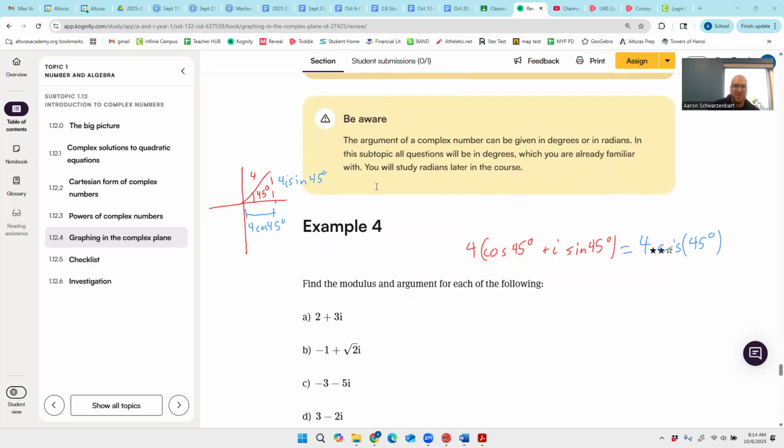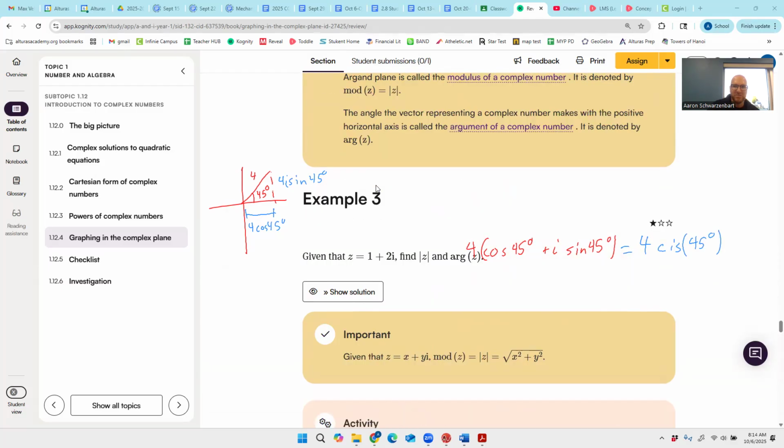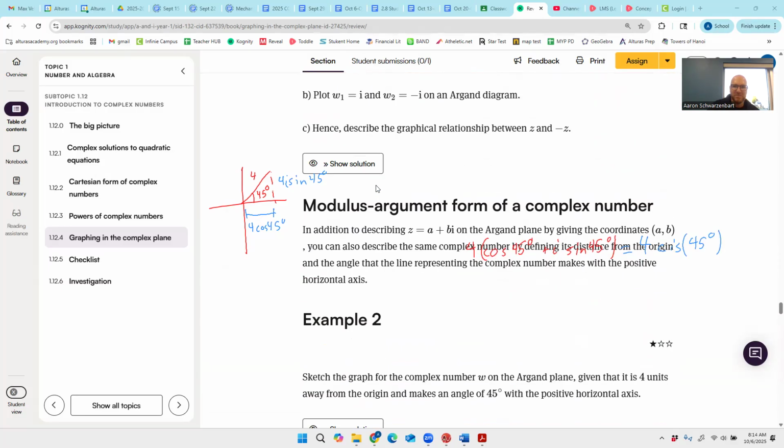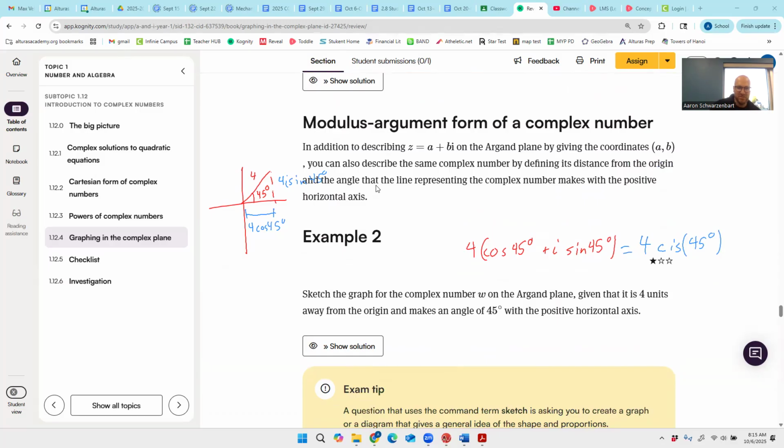Does it do Euler form in this one? I'm going to teach you Euler form right away too, because your calculator gives it in Euler form.